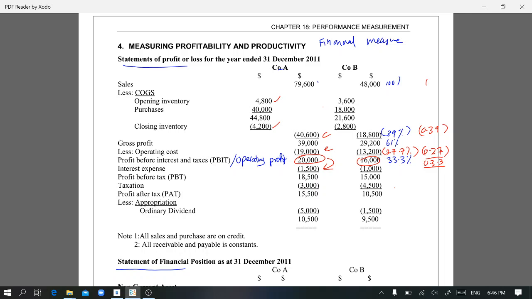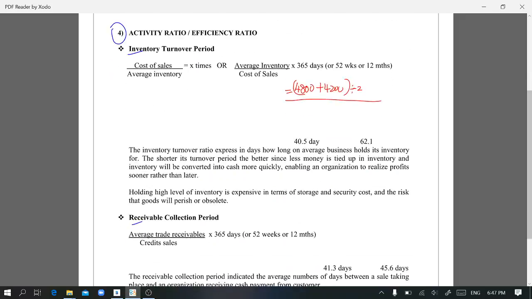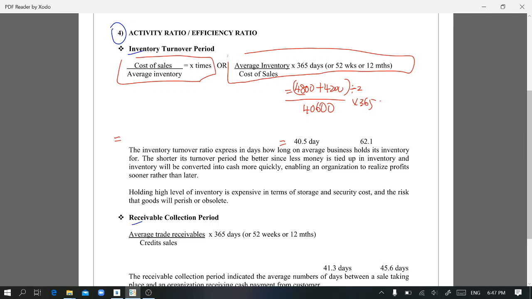Cost of sales will be 40,600, times 365. You should get 40.5 days. So this one is the formula in days, the earlier one is in times. Can I convert 40 days to times? Yes, you take 365 divided by 40.5 days, so it's 9 times.